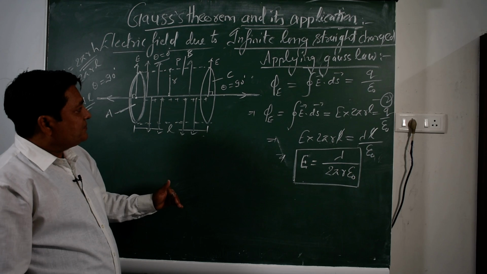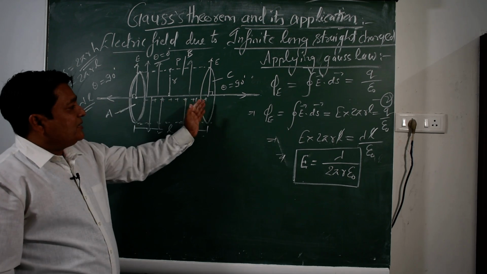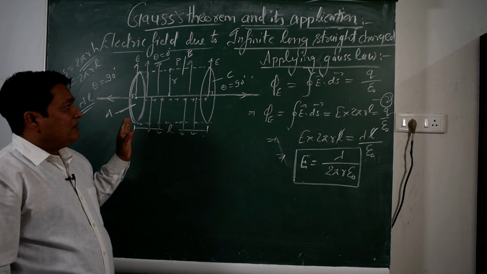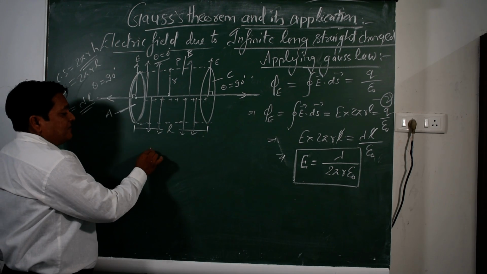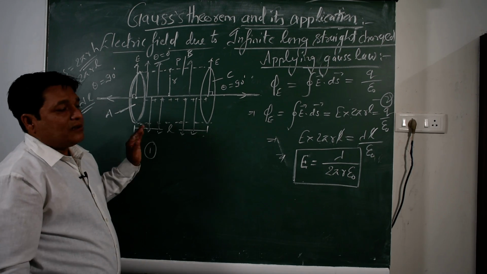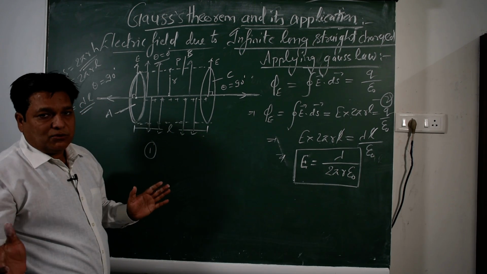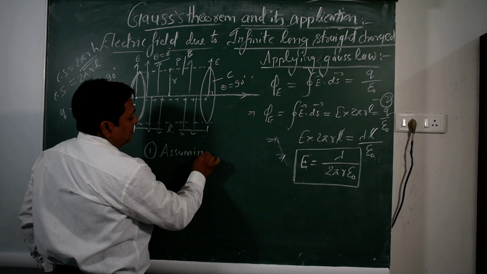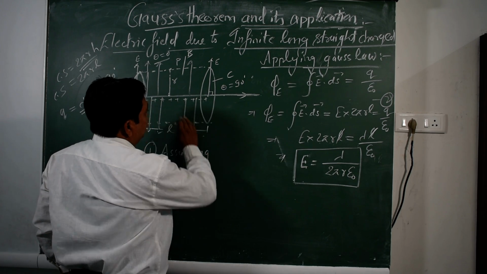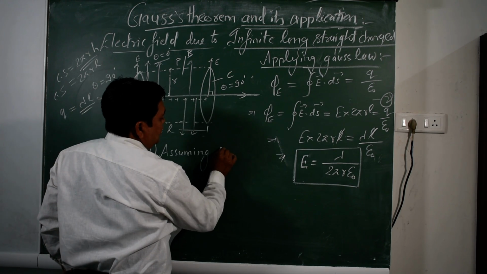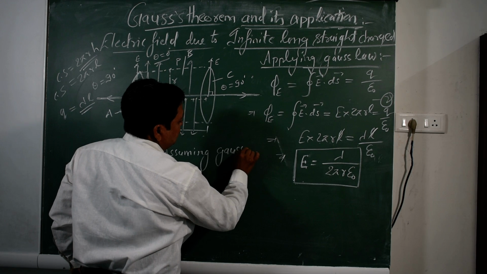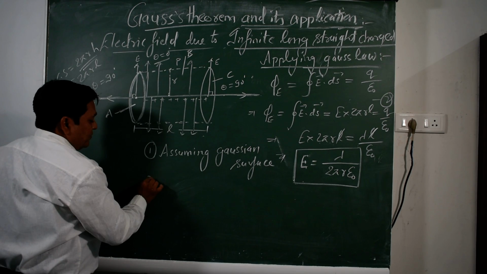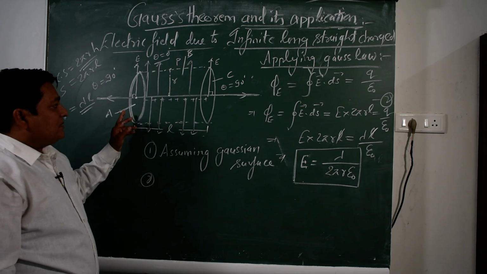What we have done here: linear charge distribution means a long straight wire is given to us, with charge distributed over it. Number 1, first we have assumed the Gaussian surface according to the charge distribution. Second, we have found the value of the charge.